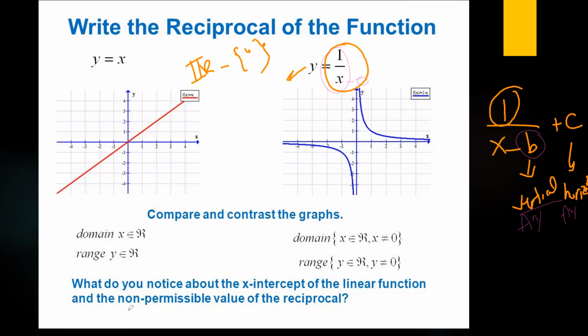And where is the horizontal asymptote? It's y equals 0. The horizontal one at y equals 0. So this here will be the vertical and the horizontal asymptotes.